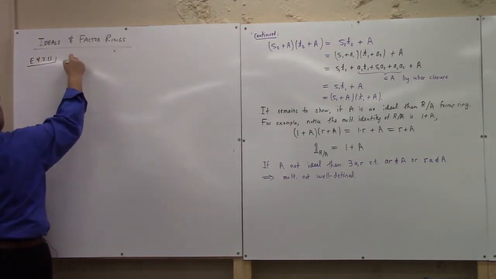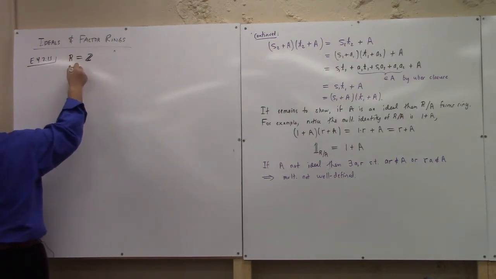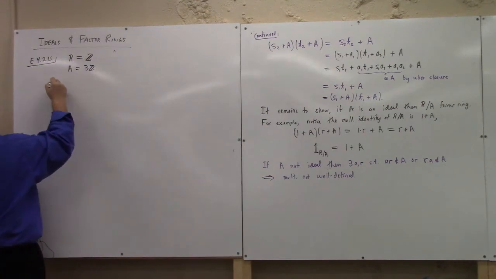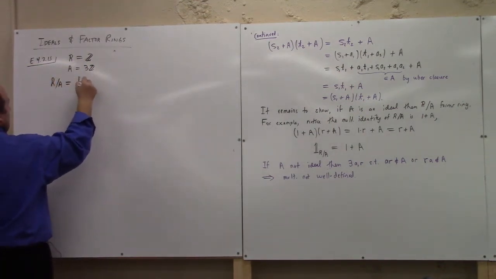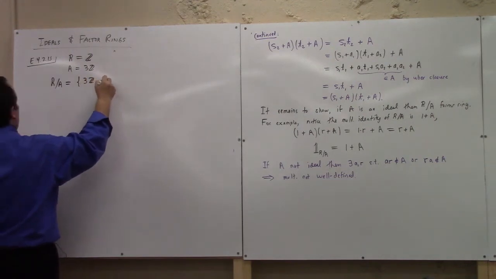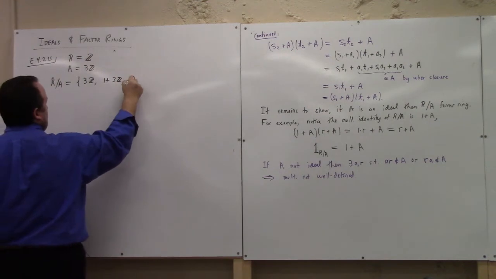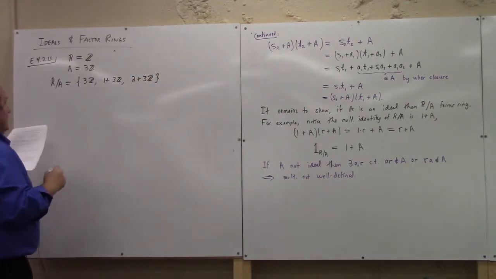So I have the ring equal to the integers and the ideal equal to 3Z, all right? Then the set of cosets includes 3Z, 1 plus 3Z, and 2 plus 3Z. Them's your cosets, right?